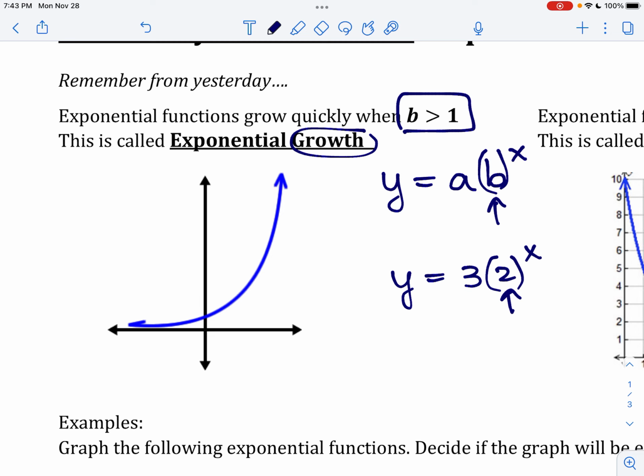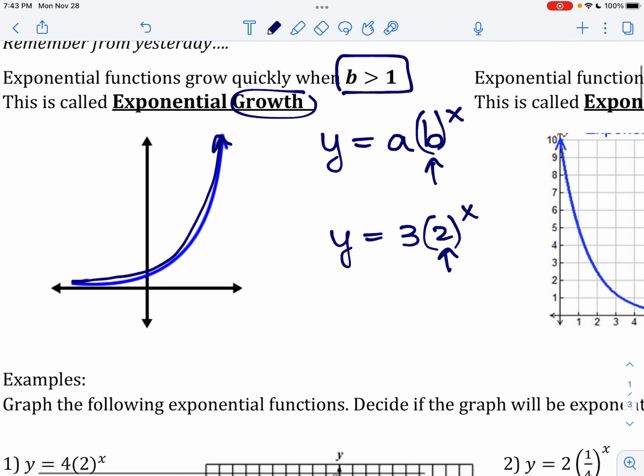And the graph is going to rapidly increase. This other number here is the a. So this is something new that we're going to talk about. This a is the y-intercept, which means when we are filling in the table, that is where x is equal to 0.